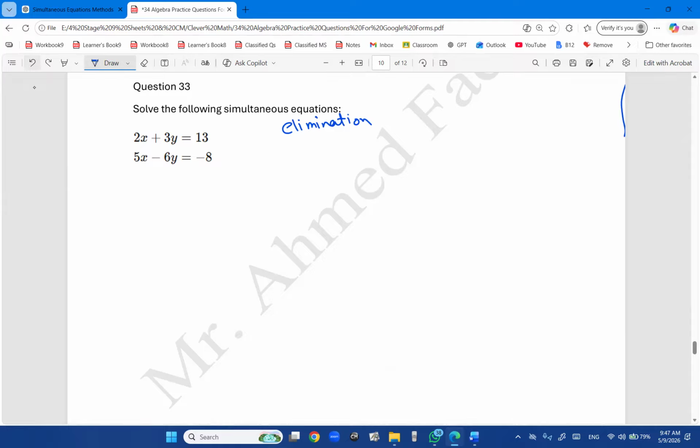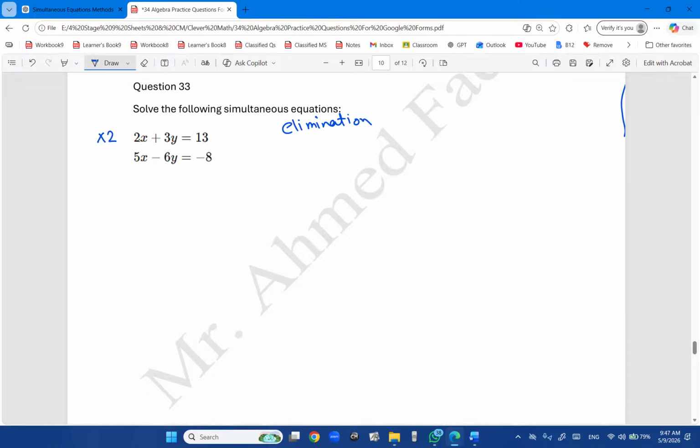How can I get them ready, mister? Multiply one of the two equations by a specific number. So if you multiply the first equation, all of it, by 2, this will make the y have a coefficient of 6, just like the other equation. So I multiply by 2 to make the coefficients the same, and this way I will eliminate the y's.